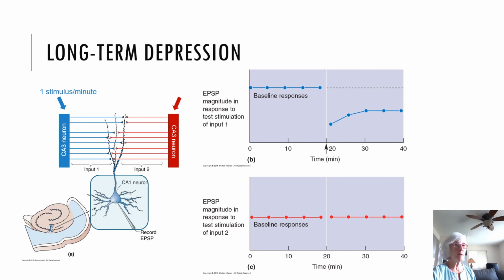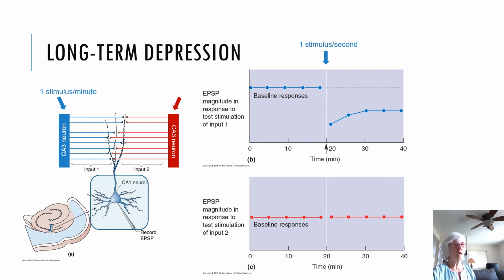So we're going to measure baseline again, and that baseline is going to be at 1 stimulus per minute. And then we're going to have a temporal summation, but that temporal summation is simply going to be 1 stimulus a second, which is 100 times slower than the rate of stimulus that induced long-term potentiation.